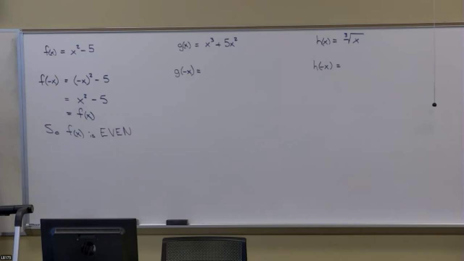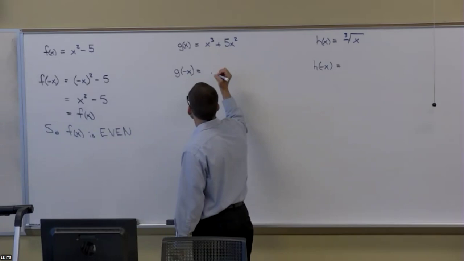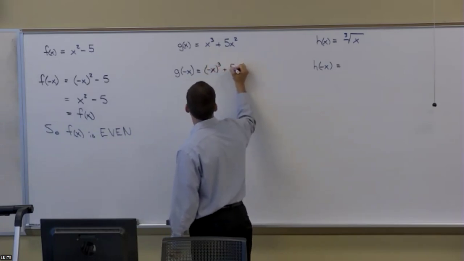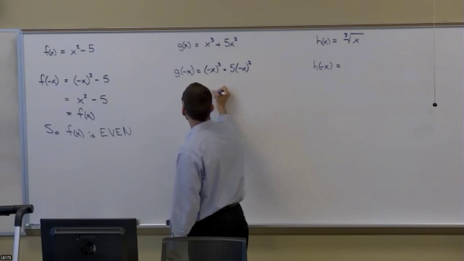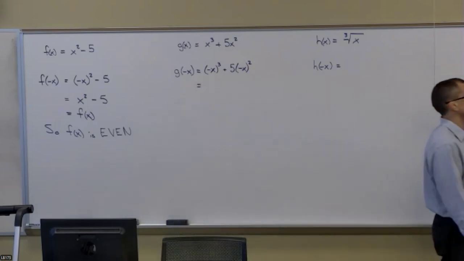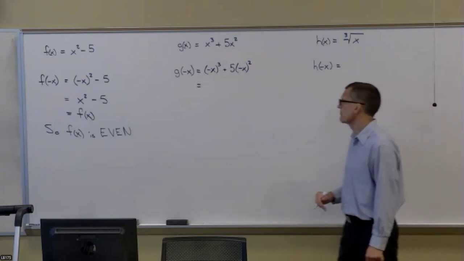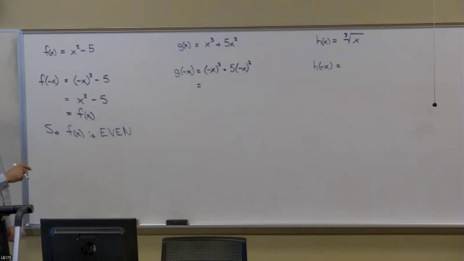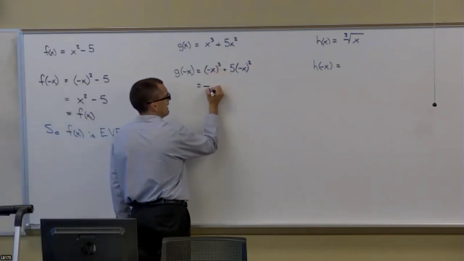Okay. When I plug in negative x into g and I algebraically manipulate, negative x in parentheses raised to the third power is the same thing as, well, if I take a negative and cube it, it's still a negative.